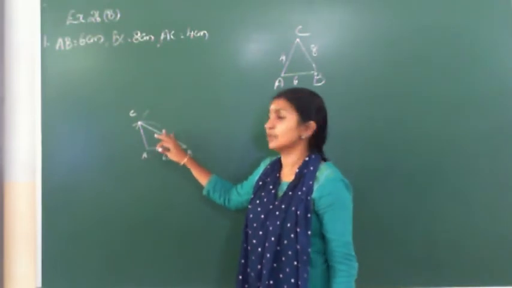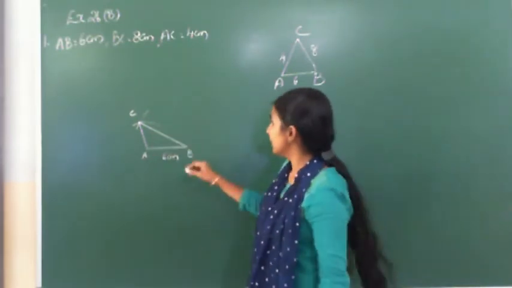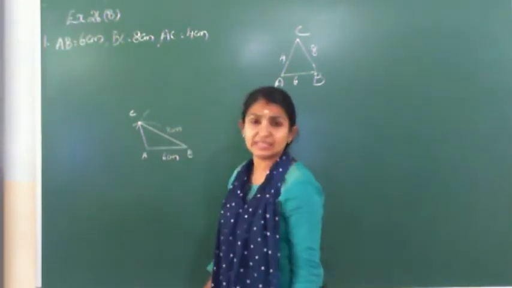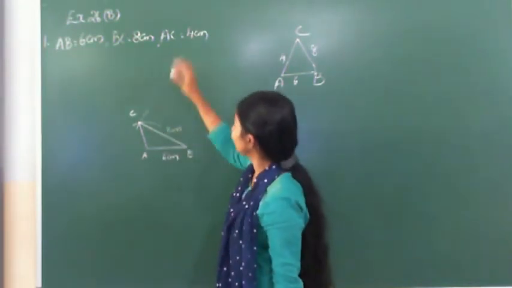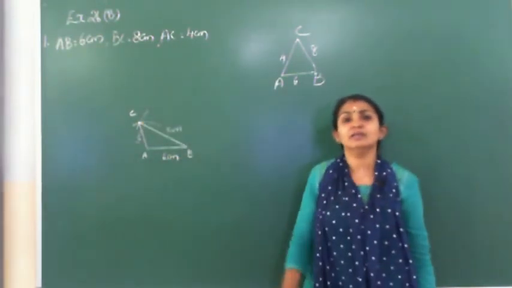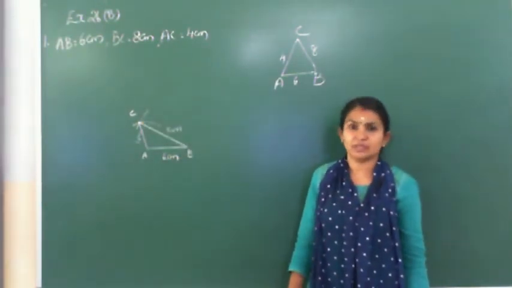This is the required triangle ABC. Now we can mark here BC is 8 centimeter and AC is 4 centimeter. So we got the required triangle ABC.